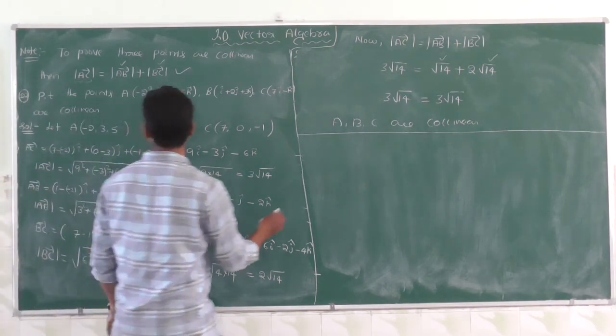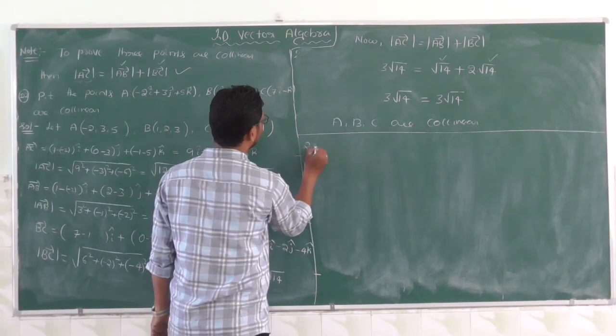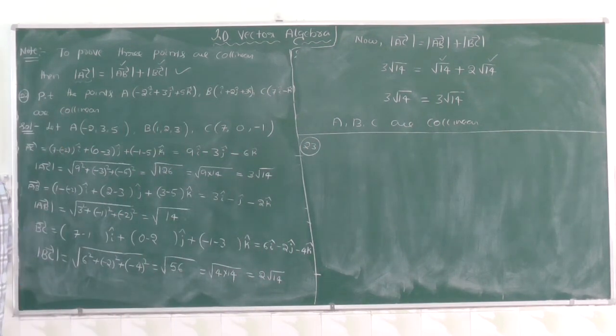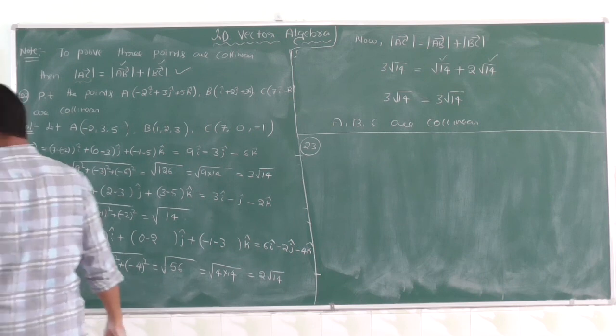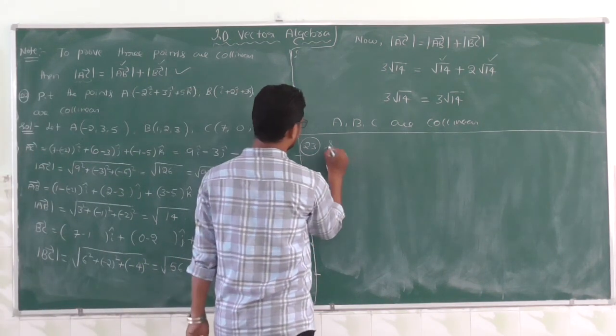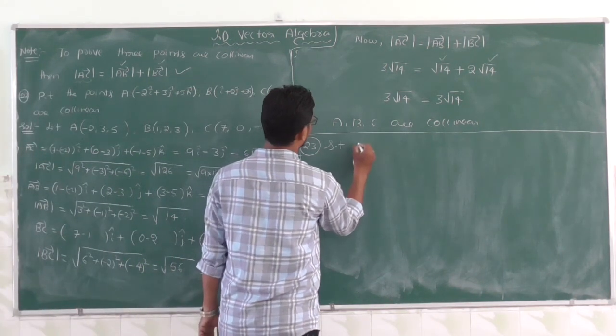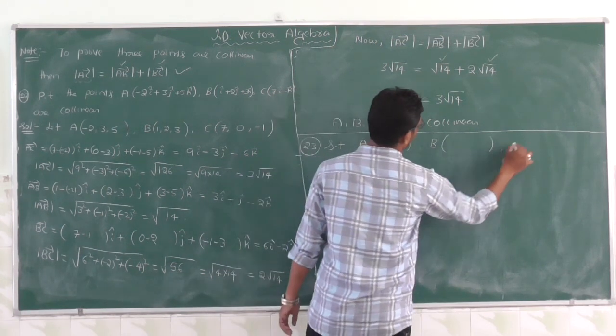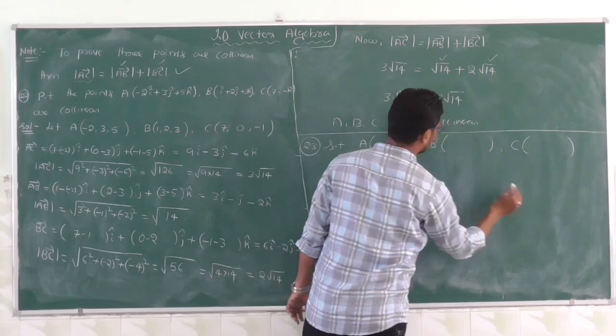Next, based on this, we write down the homework problem. Prove that the points A, B, and C are collinear.